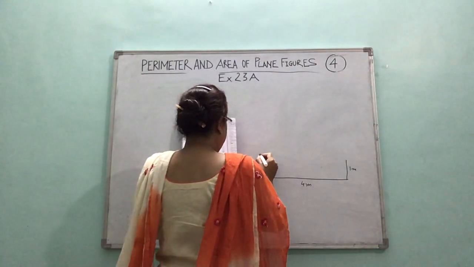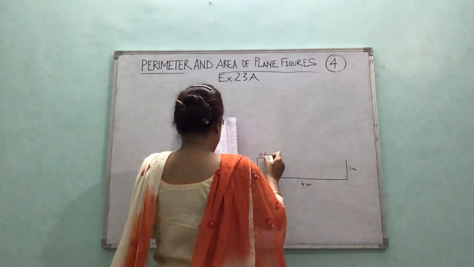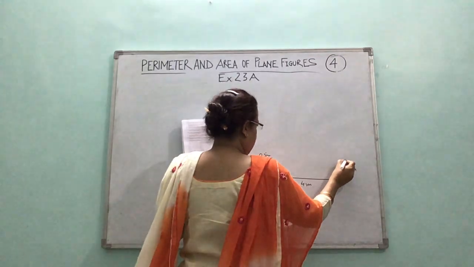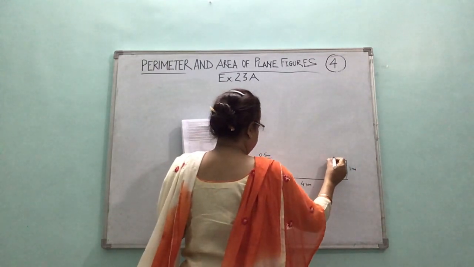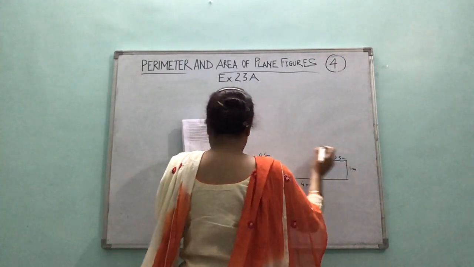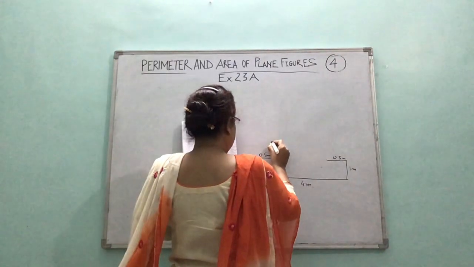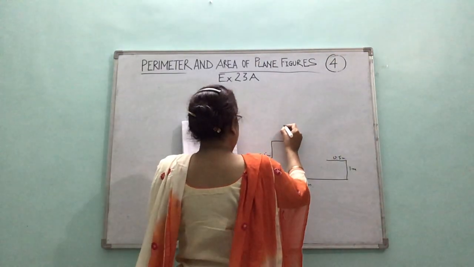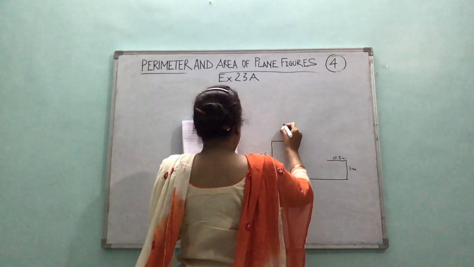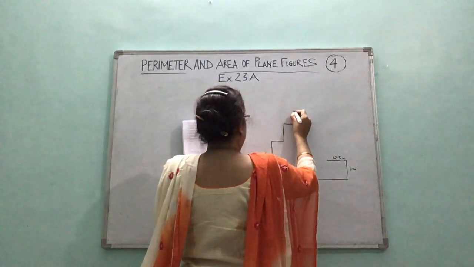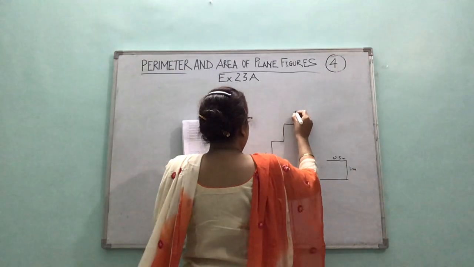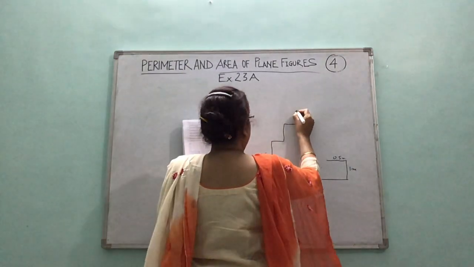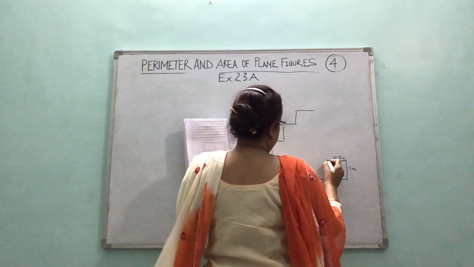Then it is a step of 0.5 meter. So both sides, children, it would be 0.5 meter. Then again it is a step of 1 meter. Then 0.5 meter. Then 1 meter. Then 0.5 meter. And finally it is 1 meter. Okay, so this is the question.